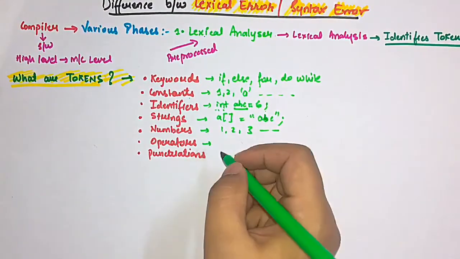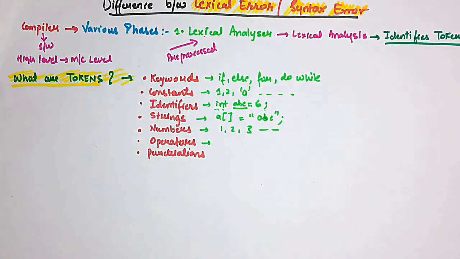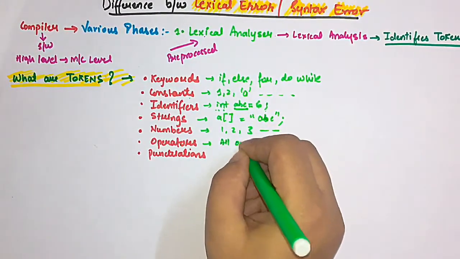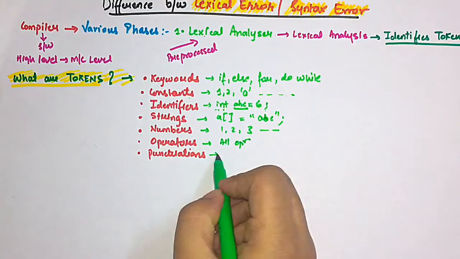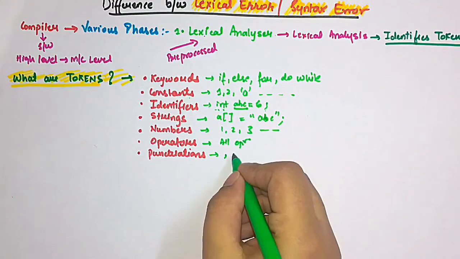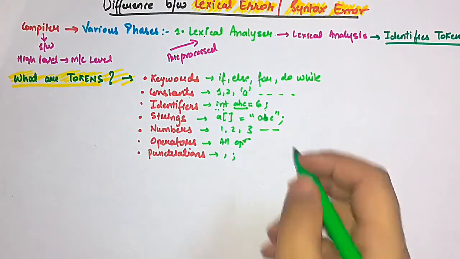Operators, all the operators guys, from multiplication to addition to modulo or equality or relational, bitwise, logical, all the operators are considered tokens. Punctuation marks, the comma, semicolon, etc., all are considered tokens.